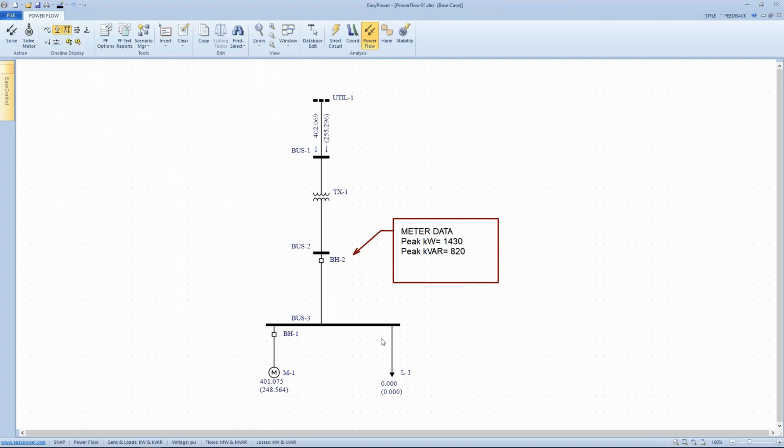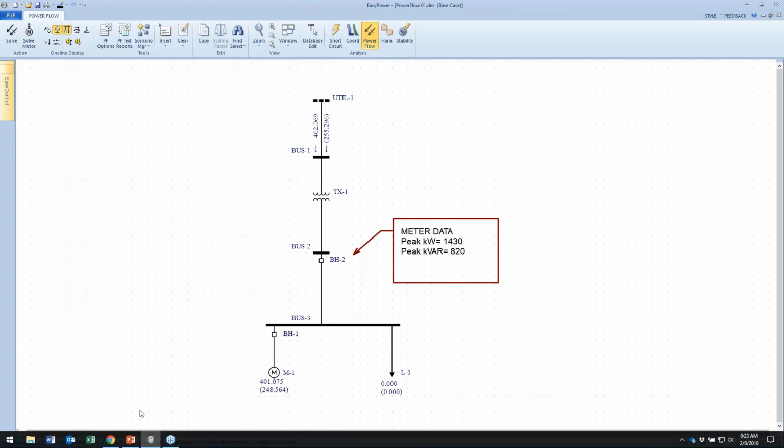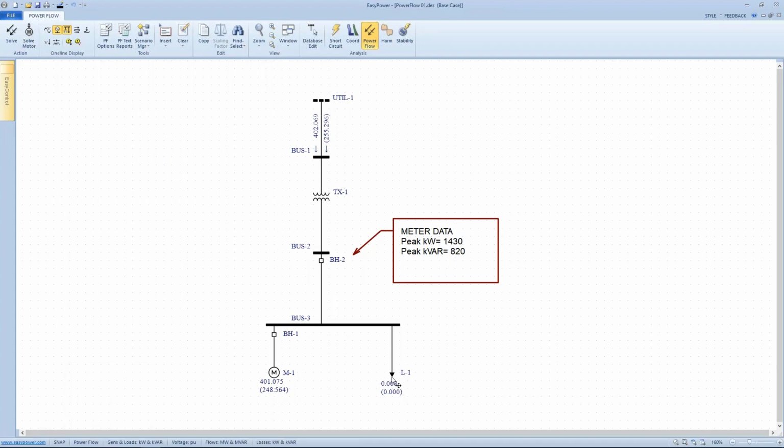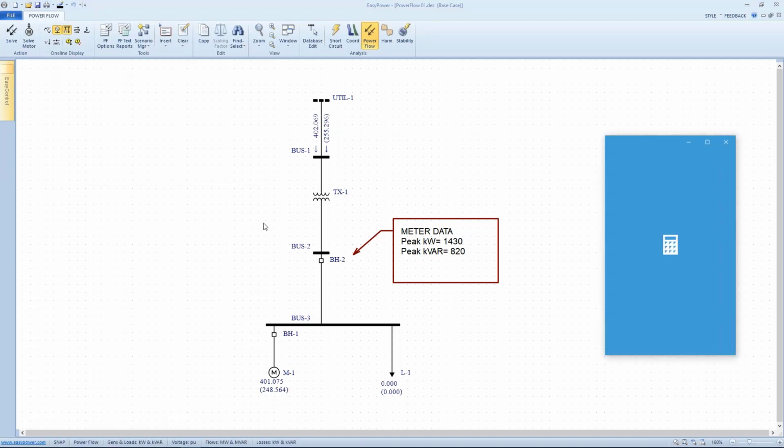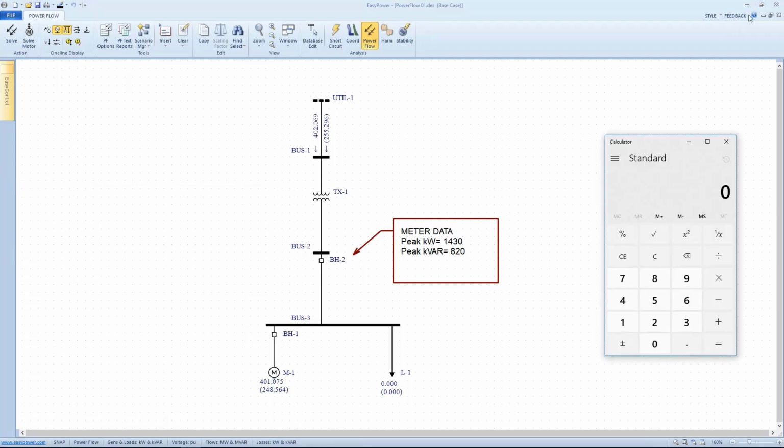So having measured this, I know what I need to estimate in terms of the other loads in my plant. And I've represented that by just a basic load. So to do that, I'm going to do a little math here, which I can't do in my head. And we're measuring the 1.43 megawatts. And we're actually registering on the motor usage itself, 0.401.